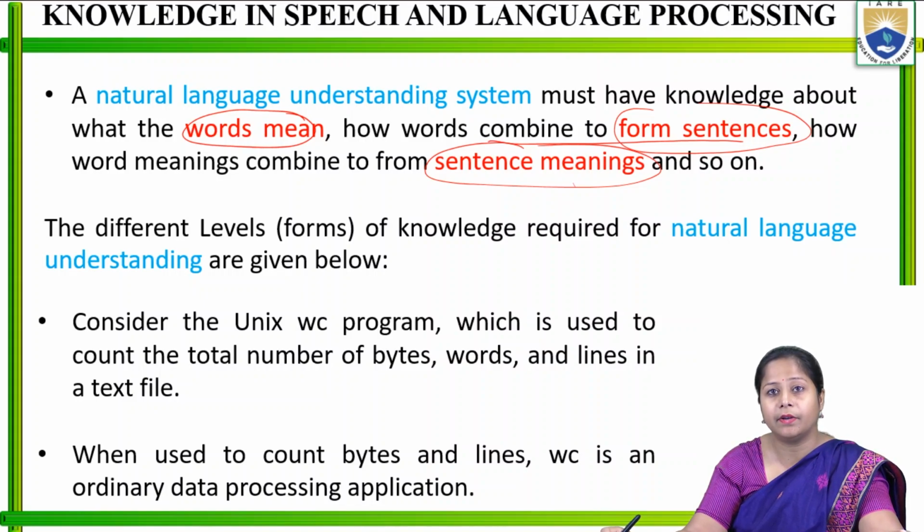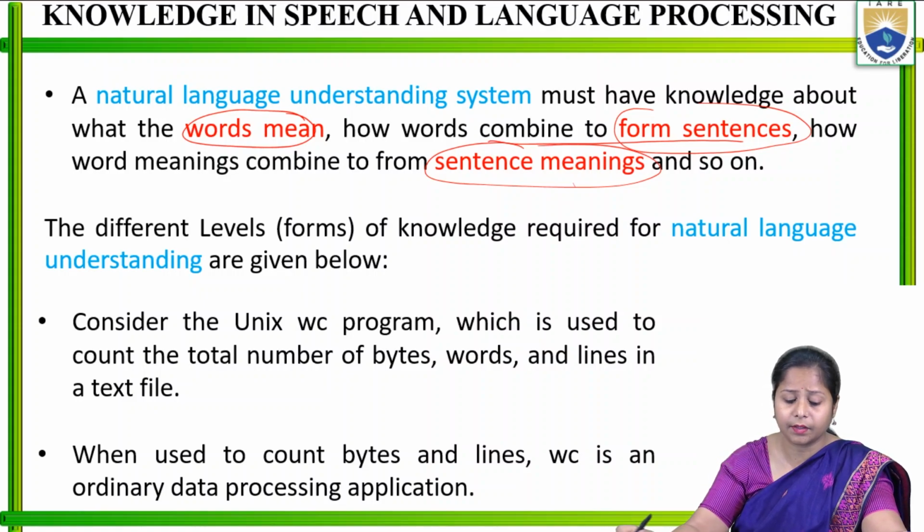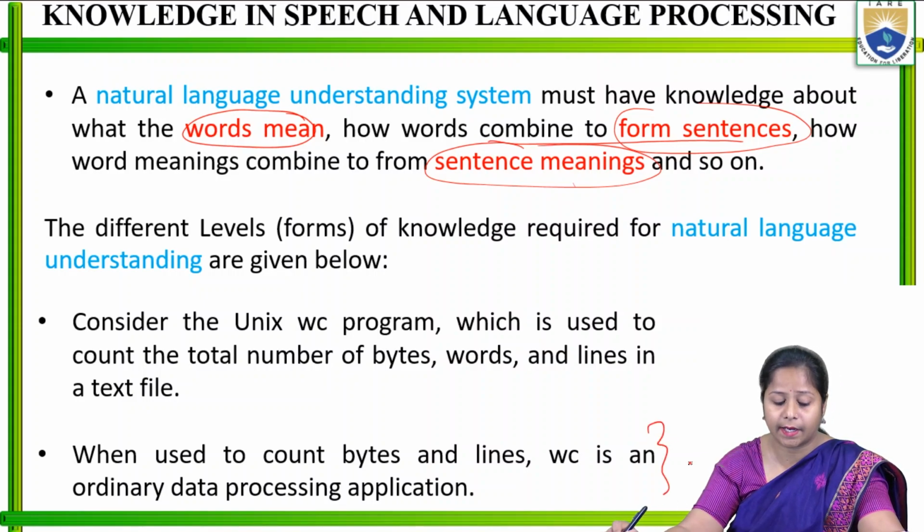The different levels of knowledge required for natural language processing can be understood by considering the Unix WC program, the word count program, which is used to count the total number of bytes, words and lines in a text file. So let's understand this. When used to count bytes and lines, WC is an ordinary data processing application.